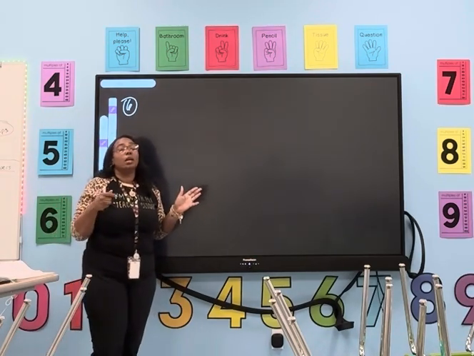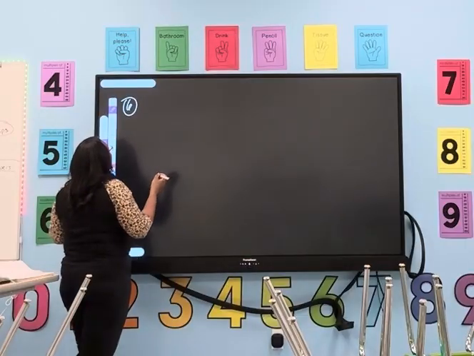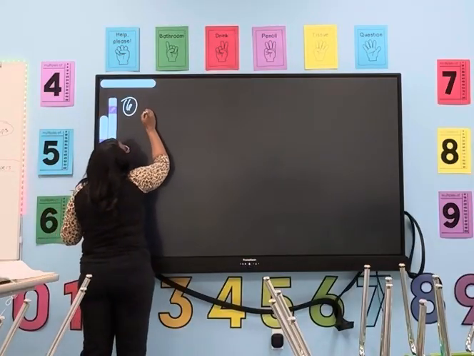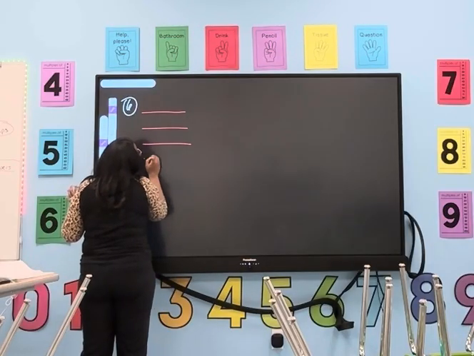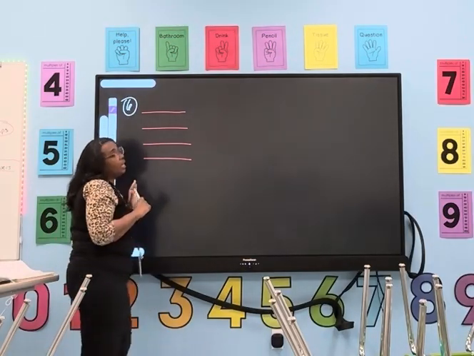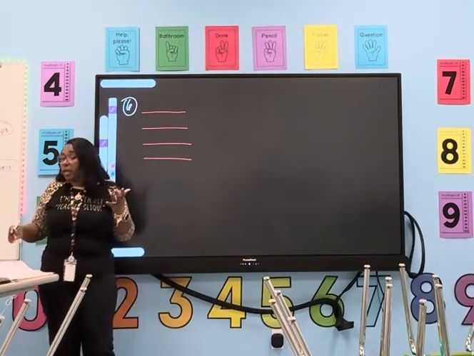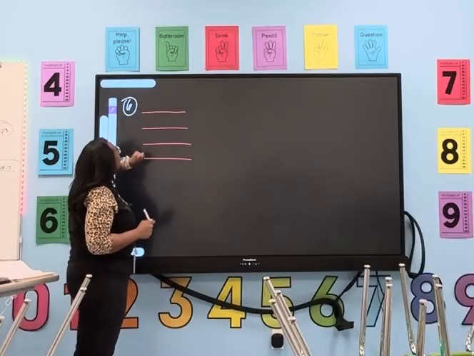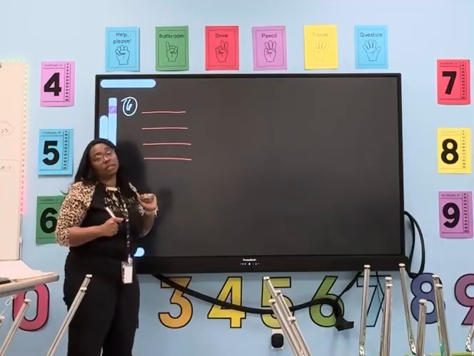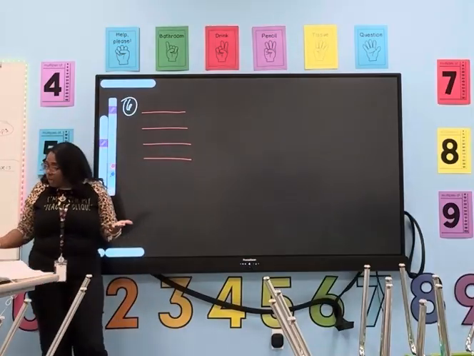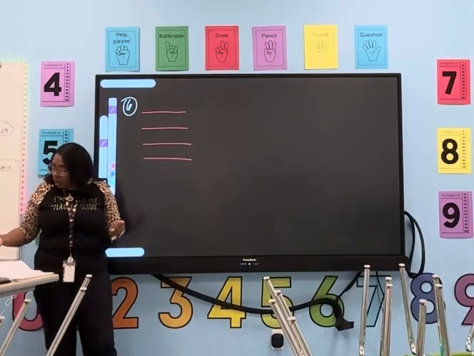So that tells me if I'm writing this, I'm going to have 4 rows. So 1, 2, 3, 4 rows. And each row is a tree. You can think of this as a tree. This is 1 tree, 2 trees, 3 trees, 4 trees. And each tree has 3 bird feeders.